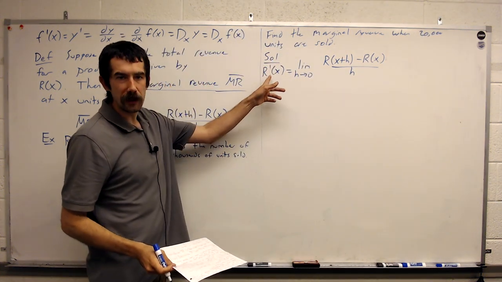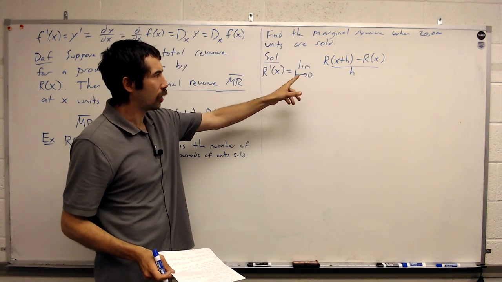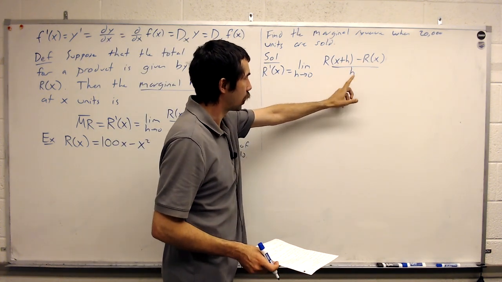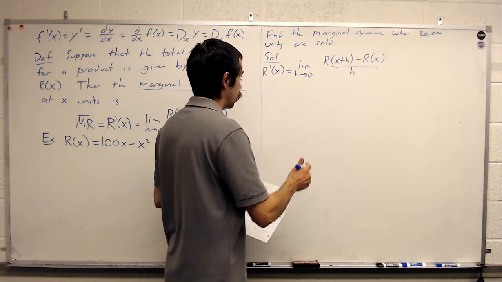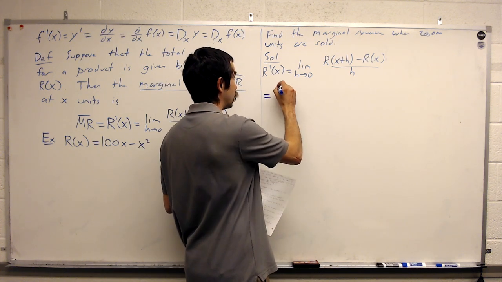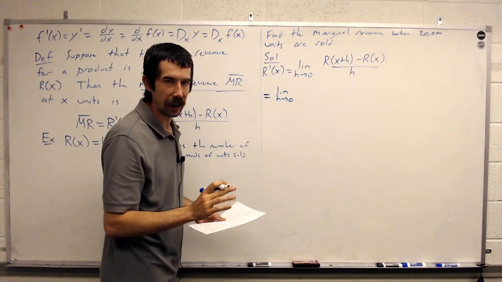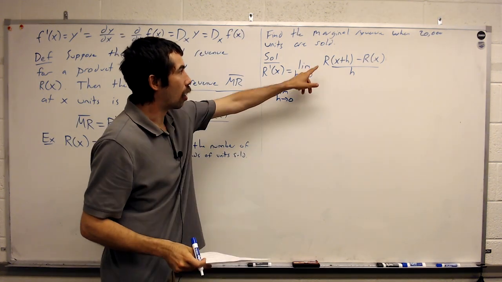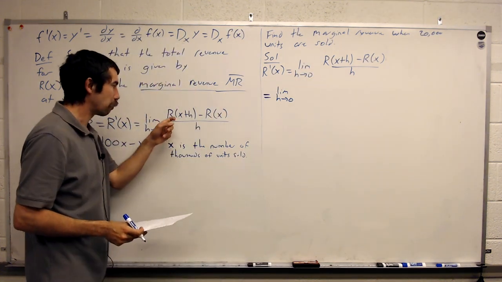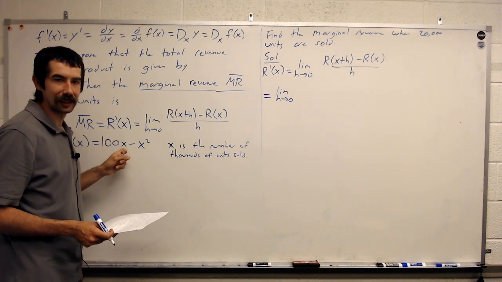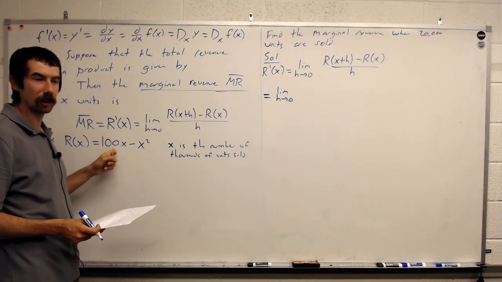Our marginal revenue is the derivative of our revenue function. We need r of x plus h minus r of x all over h, and we'll evaluate that limit. I'm going to do it all in one step, but I'll go slow. Wherever we see x in r, we're going to replace it with x plus h.